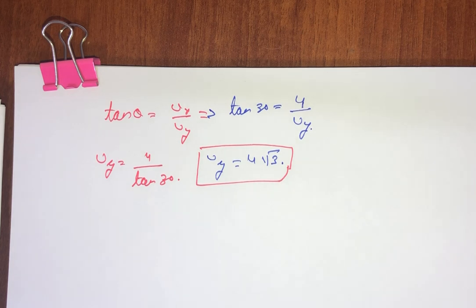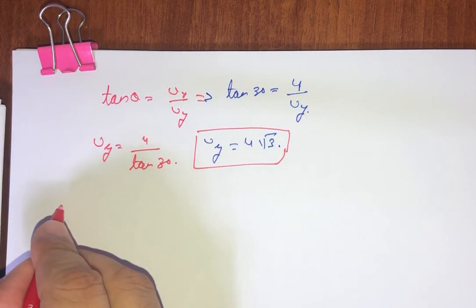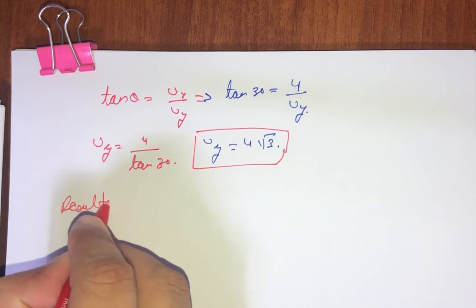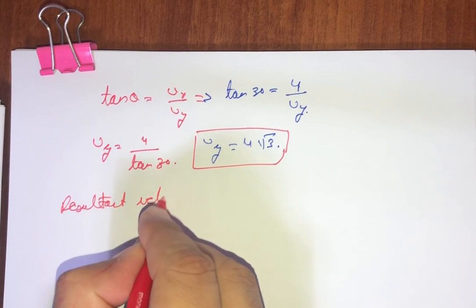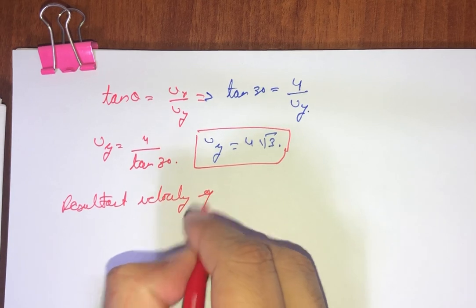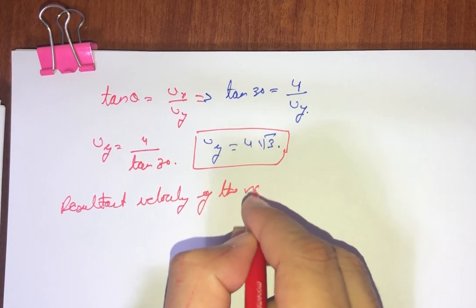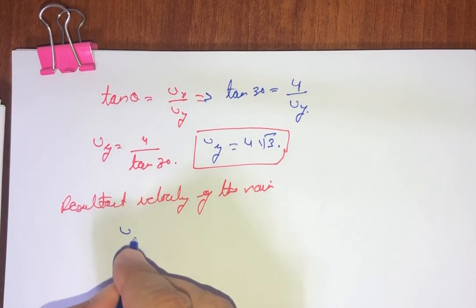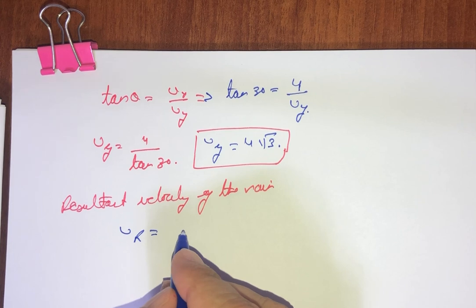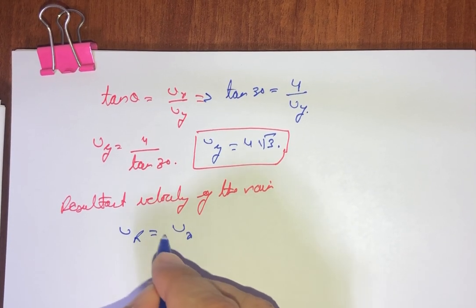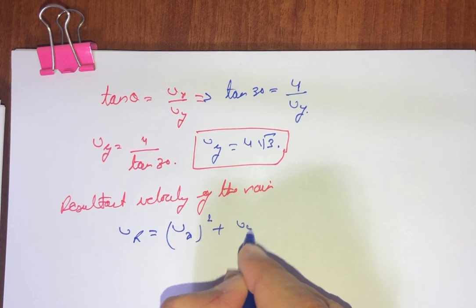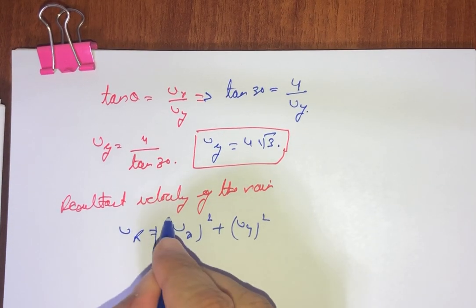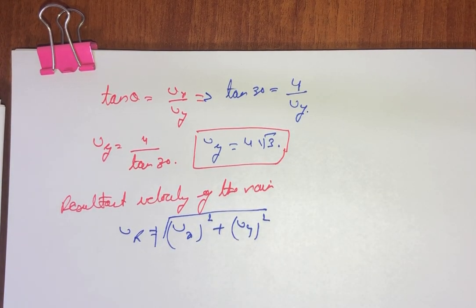Now we find out the resultant velocity of the rain, that is equal to VR. We get the square root of Vx square plus Vy square. So we know both the values.